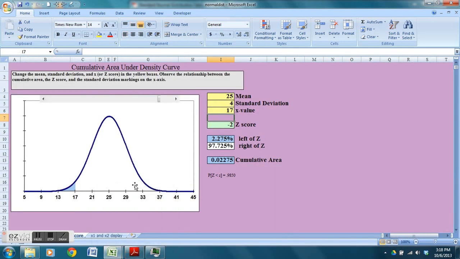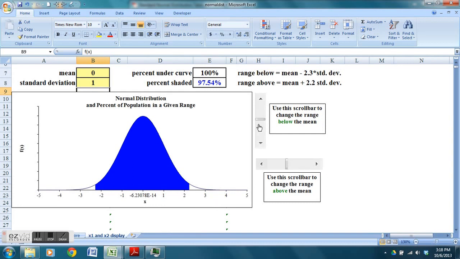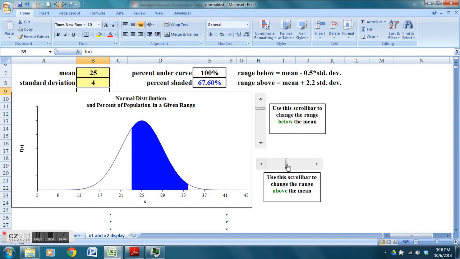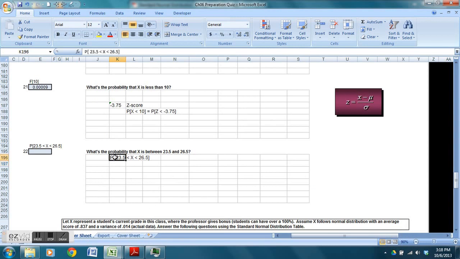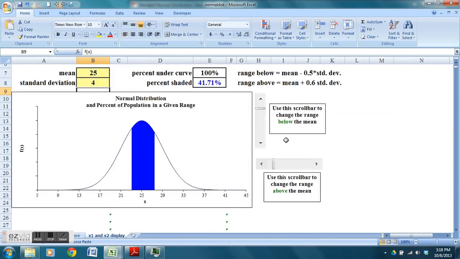Let's make the mean 25, variance 4, and you're just making some rough lines here to see what part of the graph you're interested in. These are the x values that we're interested in.